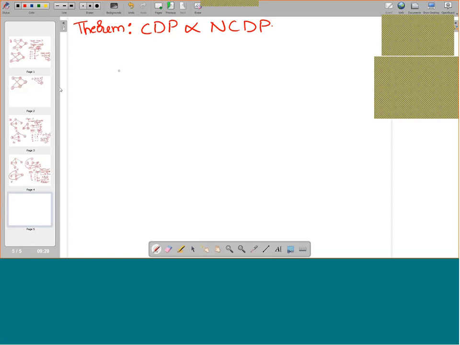Now we have to prove this theorem. Proof. Let F equal to the conjunction of Ci be the formula in CNF.